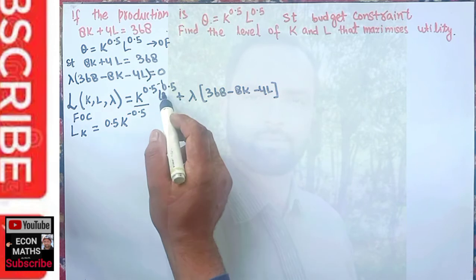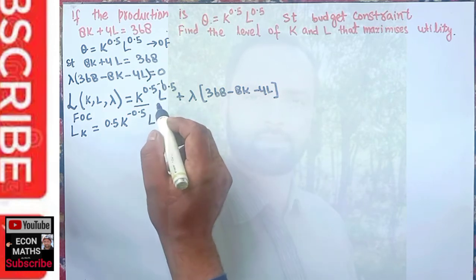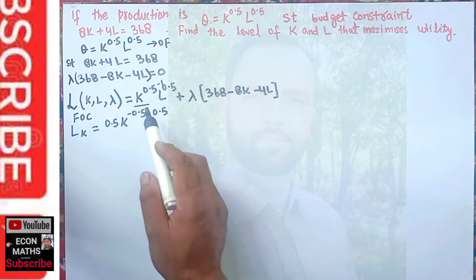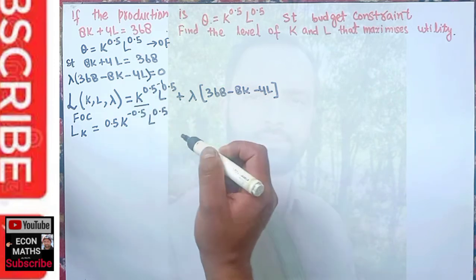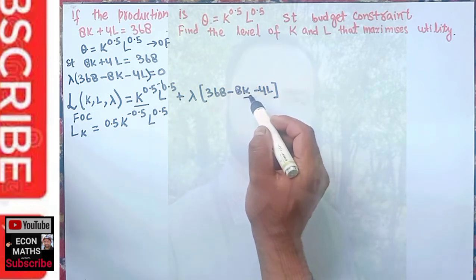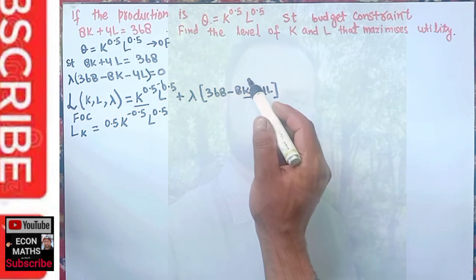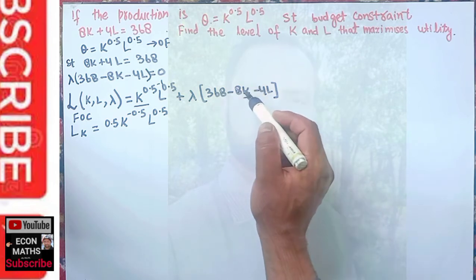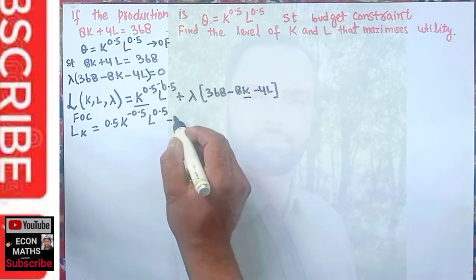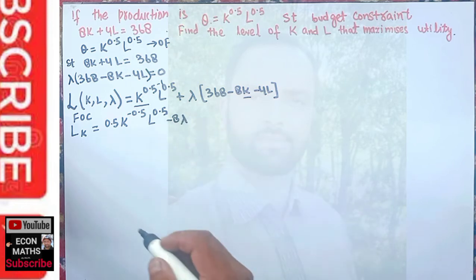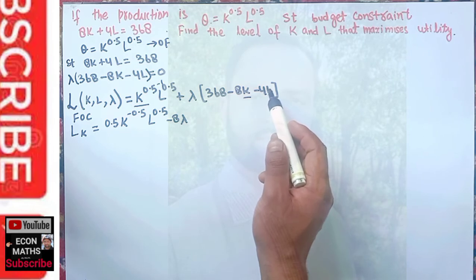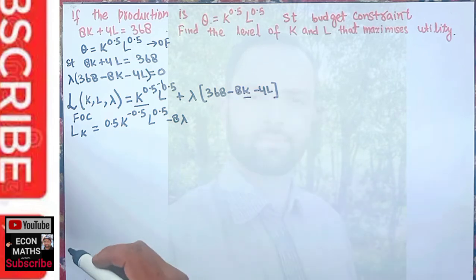And we have this L to the power 0.5. Since we are differentiating with respect to capital, this L to the power 0.5 will remain the same. Here, since we are differentiating with respect to k, the derivative of k is simply 1, so we have minus 8 here, and minus 8 is multiplied with this lambda, so we will get minus 8 lambda. The derivative of a constant is 0, and the derivative of L would be 0 because we are differentiating with respect to k partially.